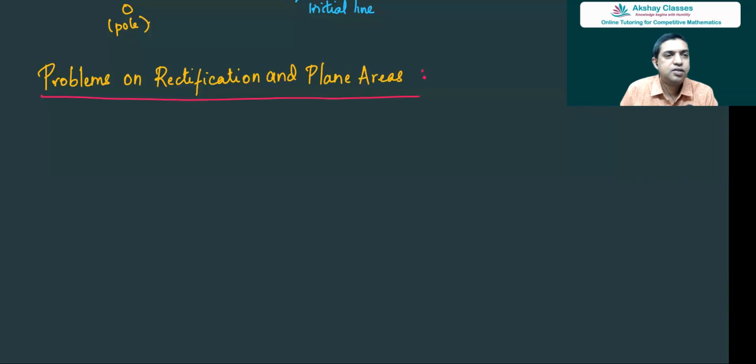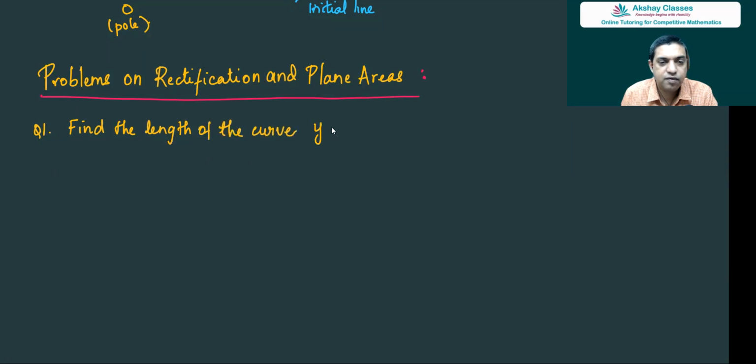All right. So the first question: find the length of the curve y is equal to 2 upon 3 x to the power 3 by 2 between x equal to 0 and x equal to 1.